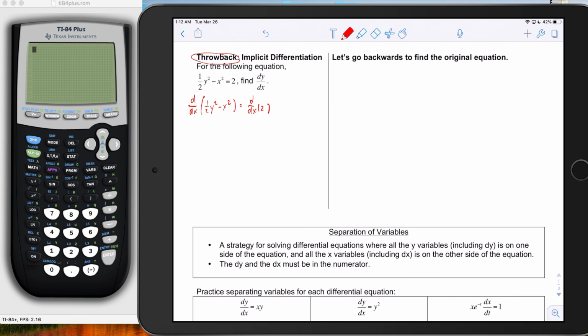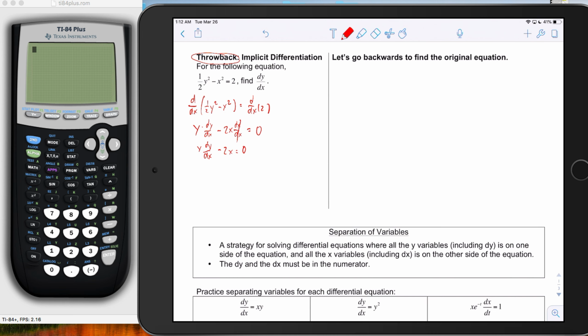When we take the derivative of 1/2 y squared, we get just y, but chain rule says we have dy/dx, minus 2x, and the derivative of a constant is 0. And so I'm left with y dy/dx minus 2x equals 0.